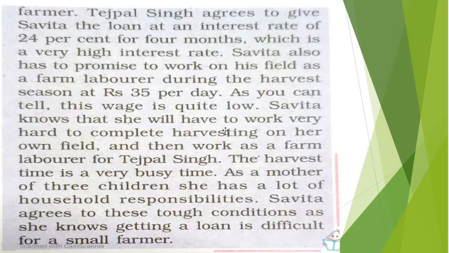Now Tejpal Singh agreed to give the loan amount, but he charged a very high amount of interest, and he even demanded that Savita should work in his field for a very low amount of money, that is rupees 35. And since Savita has no other option, she agrees to it.